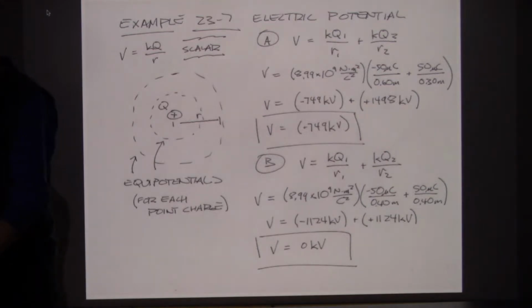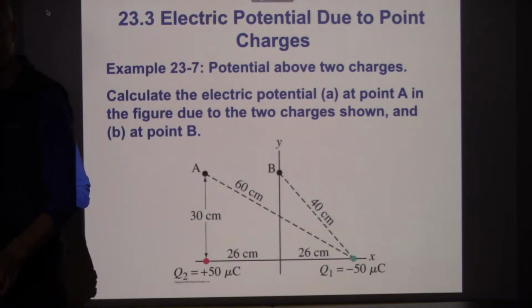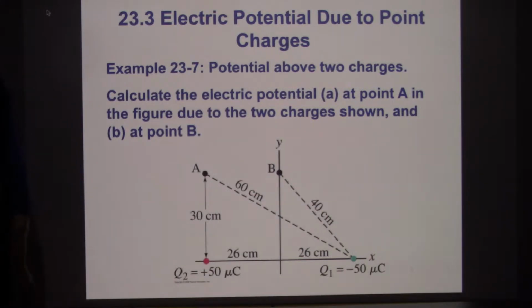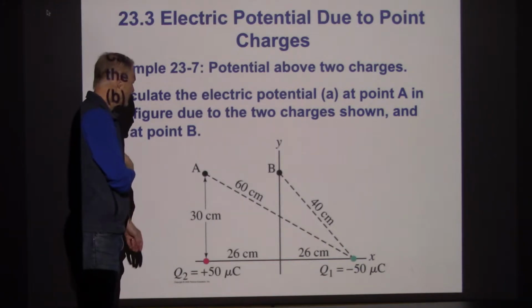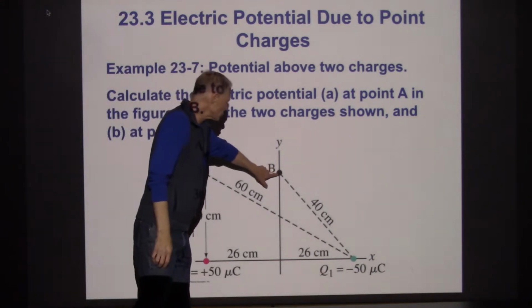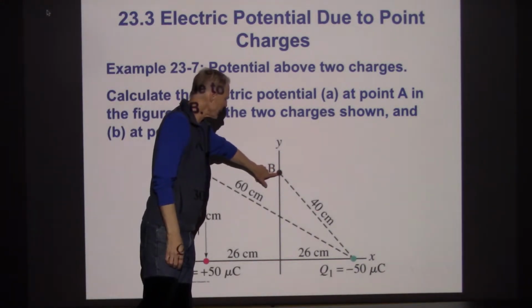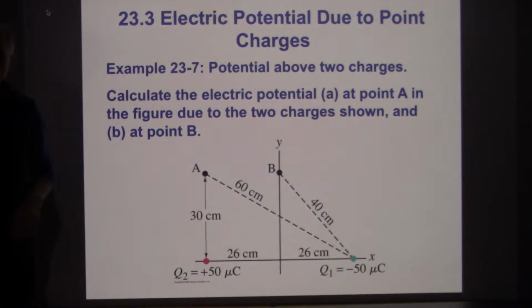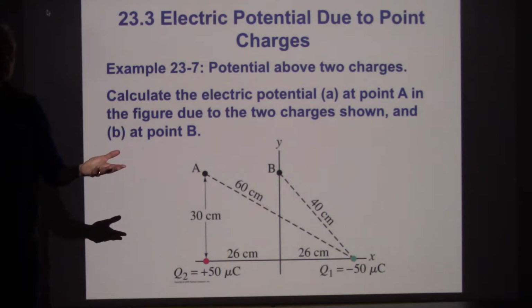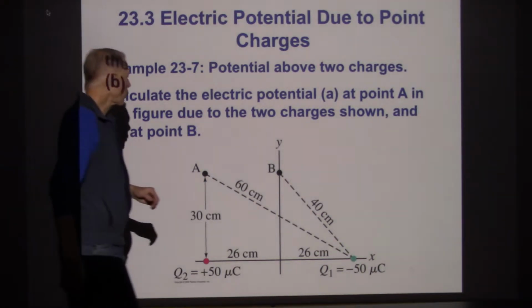Now, what does that mean to say that the voltage is 0? Does it mean that nothing is happening at that location? And one way to think about that is, if I were to place a charge at that location, how much energy would be required to bring the charge in from infinity or beyond to point B?